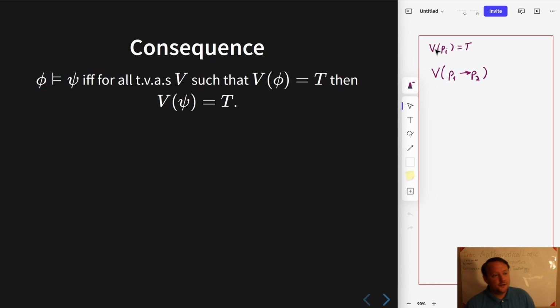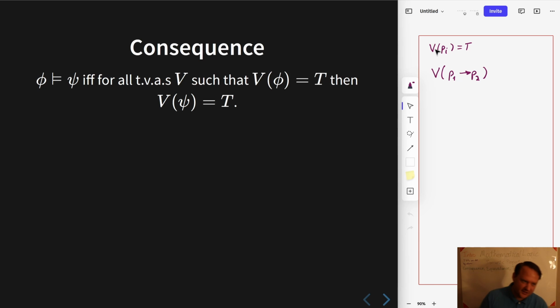Anyway, we're going to say that a sentence phi has psi as a semantic consequence. Often this is read as phi entails psi. What that means is that every truth value assignment which satisfies phi must also satisfy psi.